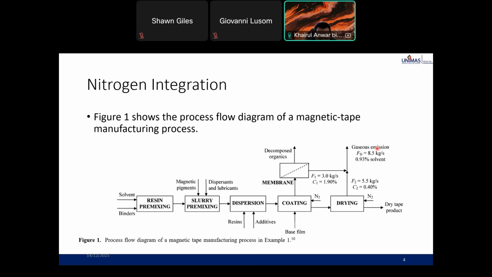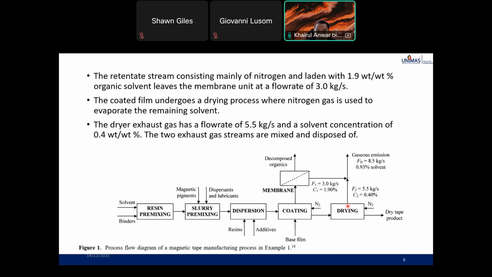To reduce nitrogen consumption, it is proposed to reuse and/or recycle the solvent-laden exhaust to the coating and drying process. So instead of going to waste, we reuse or recycle it back for the coating and the drying, but they are constrained.